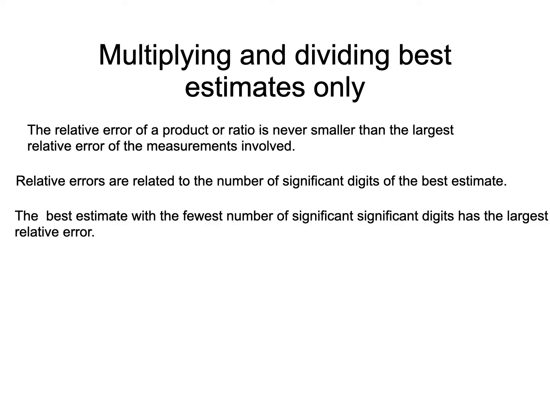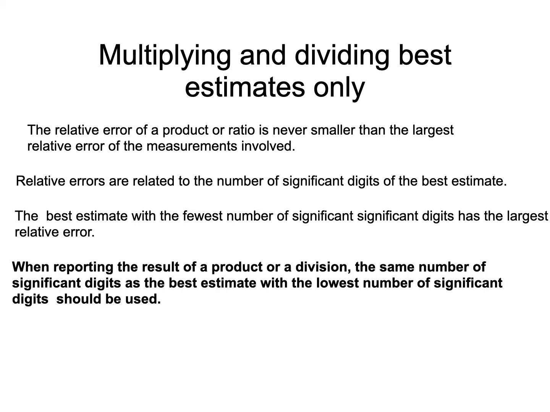The best estimate with the fewest number of significant digits has the largest relative error. For example, a best estimate of 1 kilogram has a relative error of roughly 100%, while 1.00 kilogram would have a relative error of roughly 1%.